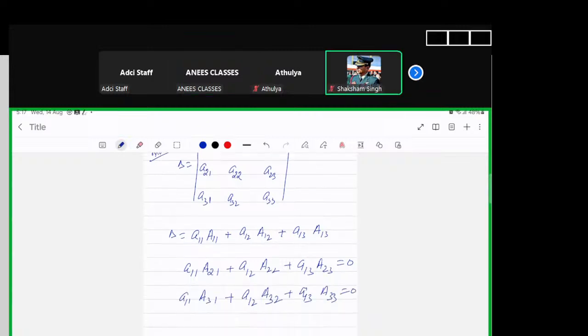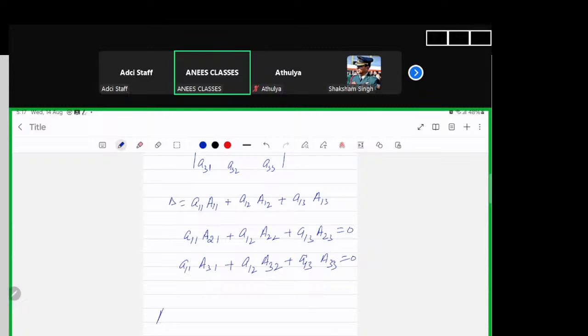Understood. Very important. Now we can also write in minor terms: A11 times capital M11, but here A12 is the negative of M12. So minus of M12, plus A13. A13 is equal to M13.